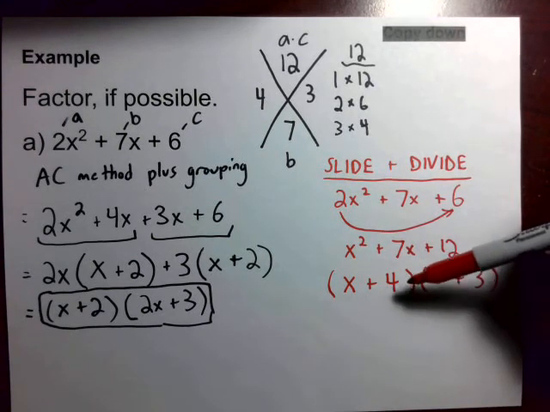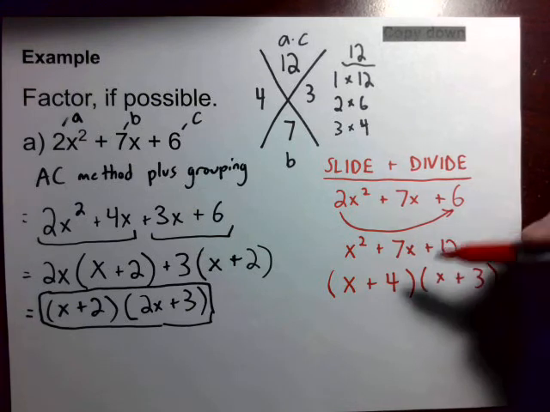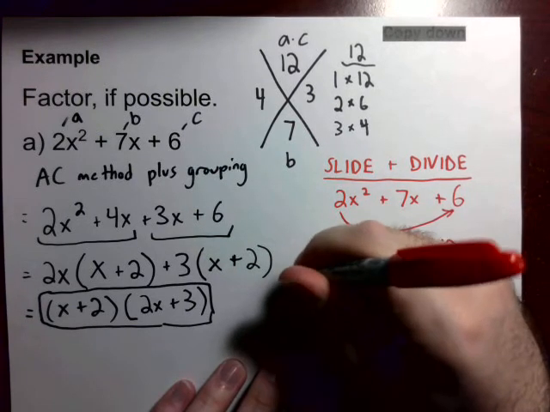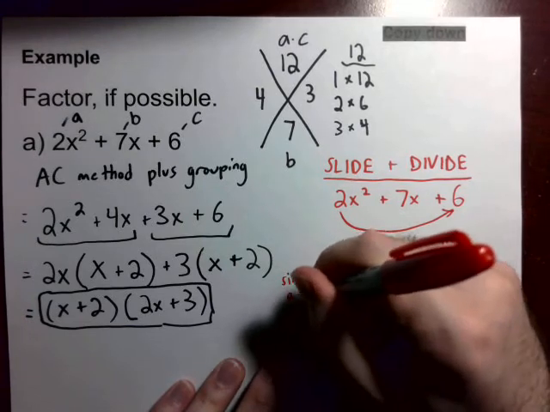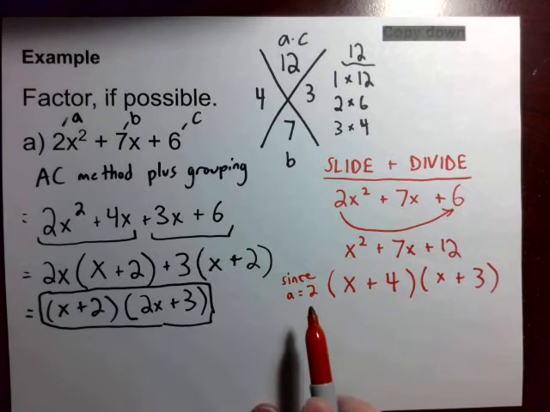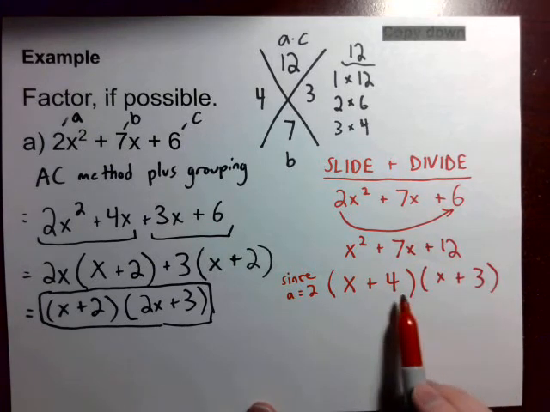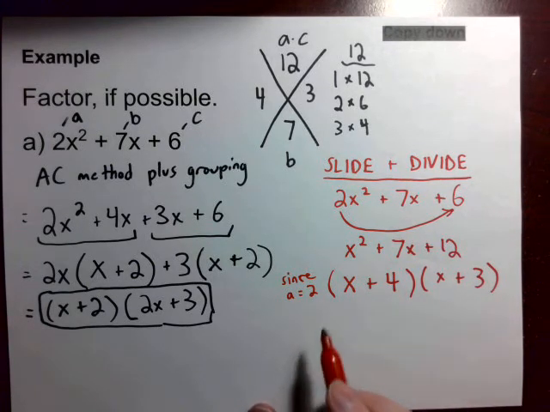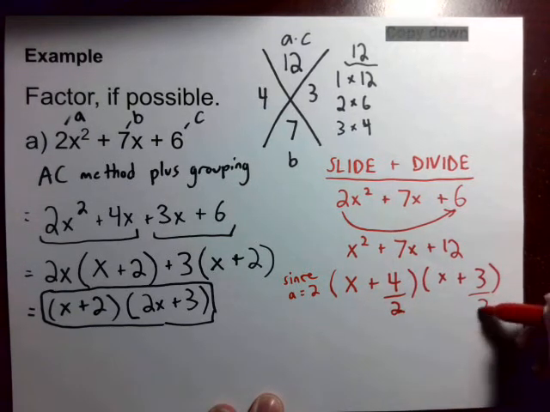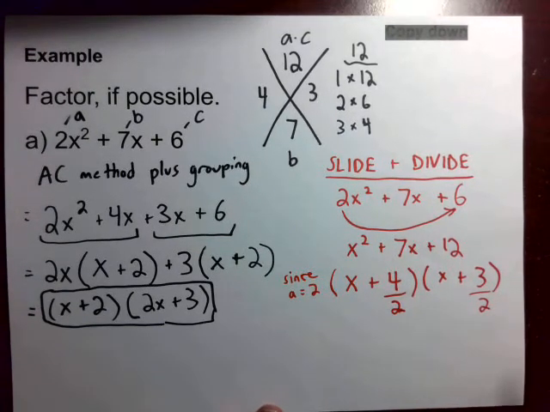And then, once you have this, here's where the sliding, dividing part comes in. Since the a value equals 2, and it had previously just disappeared, we're now going to divide each of these integer terms by that number. So divide 4 by 2 and divide 3 by 2.